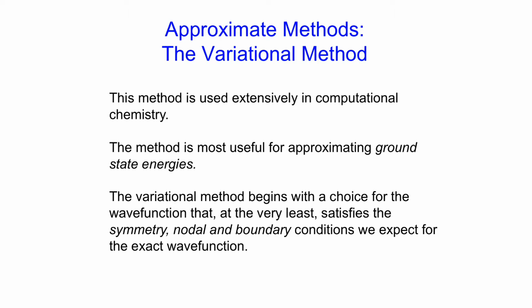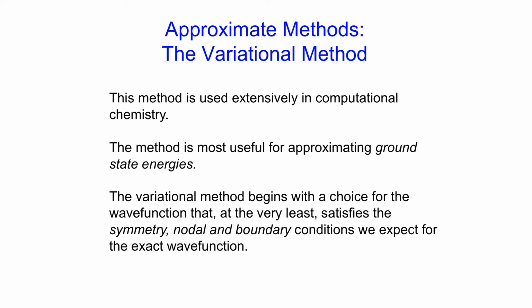This method is most useful for approximating ground state energies. So you'll see that it's most often going to be used to calculate ground states. And a couple of things that we have to keep in mind in using the variational method is that at the very least, we need to make sure that we satisfy our symmetry, nodal, and boundary conditions that we expect for the exact wave function.